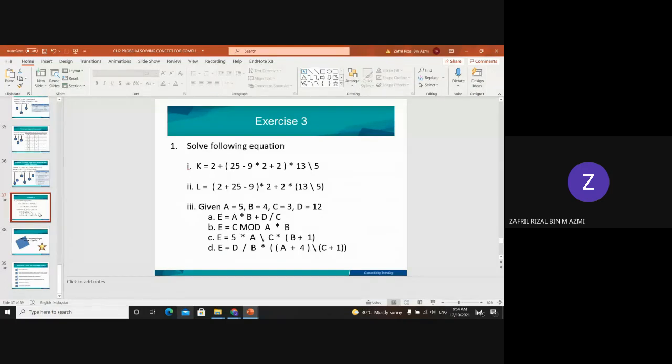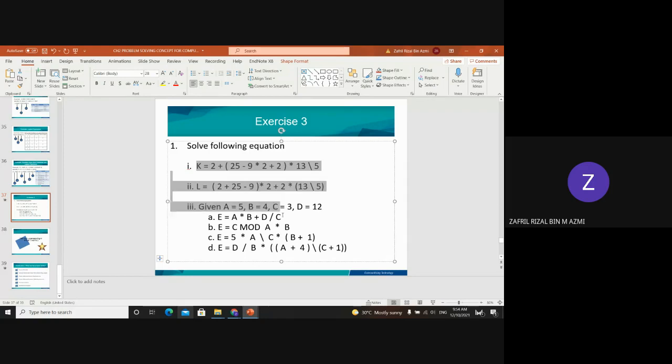If no question, then what I need you to do is solve exercise 3. I provide you with this equation. Solve it, not just giving the last output.